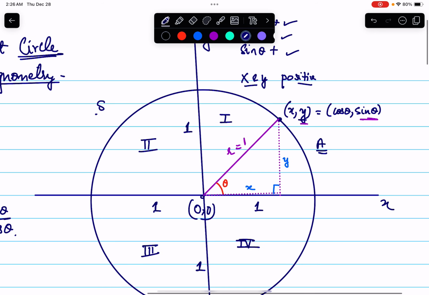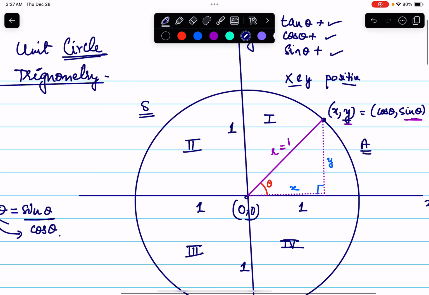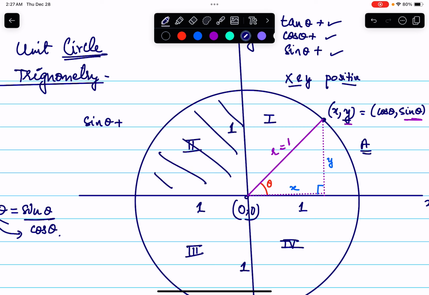Now, in the second quadrant, as you can see, this is the second quadrant over here, right? So we go to another quadrant. We can see that sine of theta is still positive, right? In this second quadrant, we see that the value of y is above 0. So sine of theta should be positive, but cosine of theta is negative because x is less than 0 over here, okay?